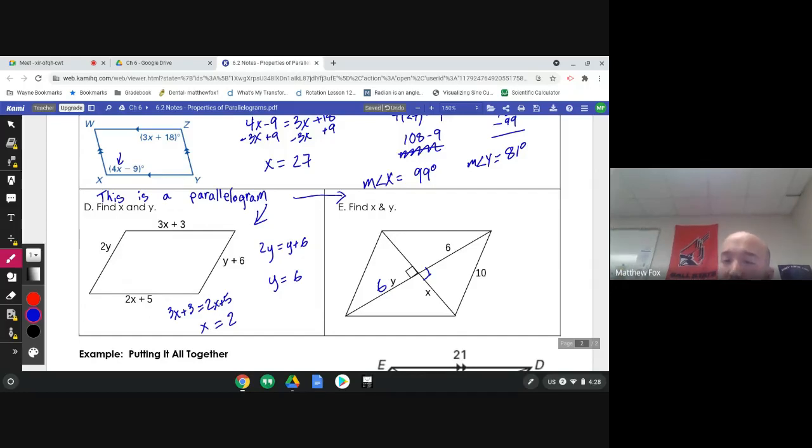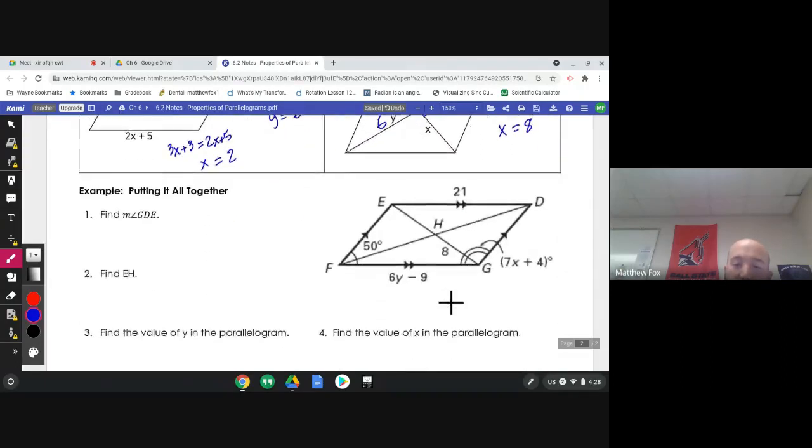And so that means we can use x squared plus 6 squared to equal 10 squared. So x squared will equal 64, which means x has to equal 8. And we're done.